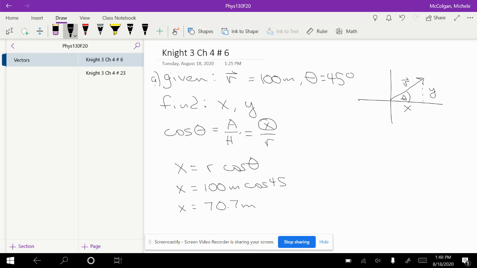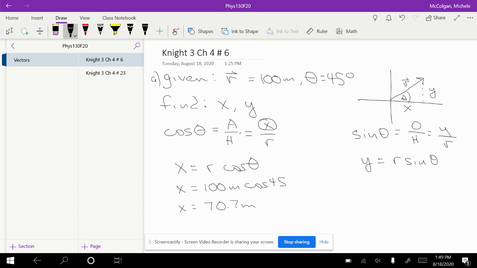Want to do the same thing for y, so I can use sine. Y is opposite, and r is hypotenuse. So sine theta is equal to opposite over hypotenuse, or y over r. So I'm going to multiply both sides by r, and I get y is equal to r sine theta.